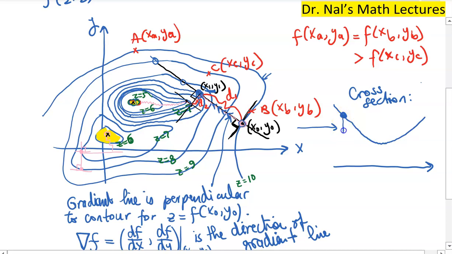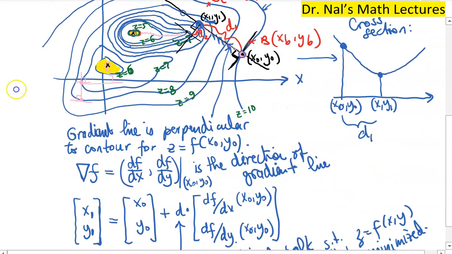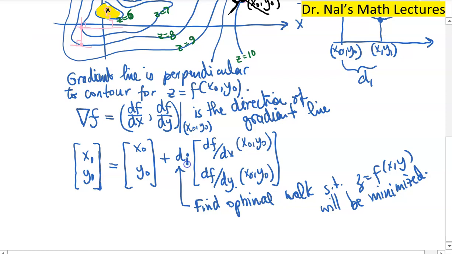Our starting point is x0, y0, and along that path we need to go all the way down to the point x1, y1, such that the value of the function f of x, y is minimized. We want to stop there. This distance is the distance that we are seeking, the distance d1 that we need to figure out.